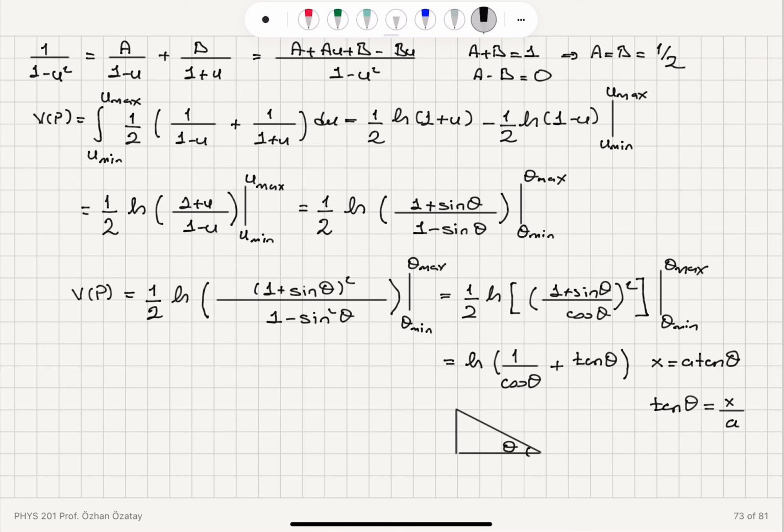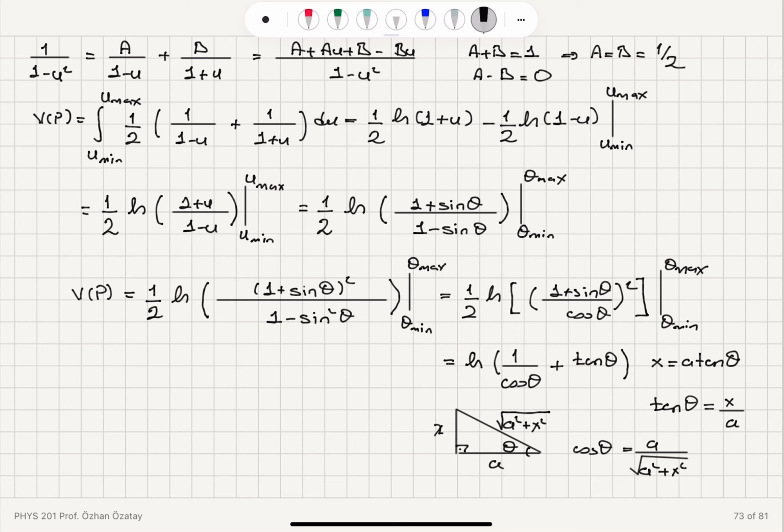If this is theta and this is 90 degrees, x over a is tangent theta, square root of a squared plus x squared is the hypotenuse. You can see that from this triangle, cosine theta is a over square root a squared plus x squared. But what I have in the natural logarithm is 1 over cosine theta.